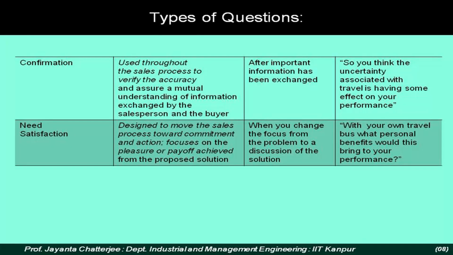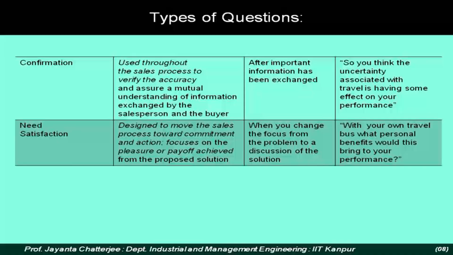Then you have the confirmation type of questions, where what you have understood through the probing about the specific nature of the problem, you seek confirmation so that you are on the same page with the customer. So it is used throughout the sales process to get the customer's feedback and confirmation that their perceptions match your supposition, your hypothesis.